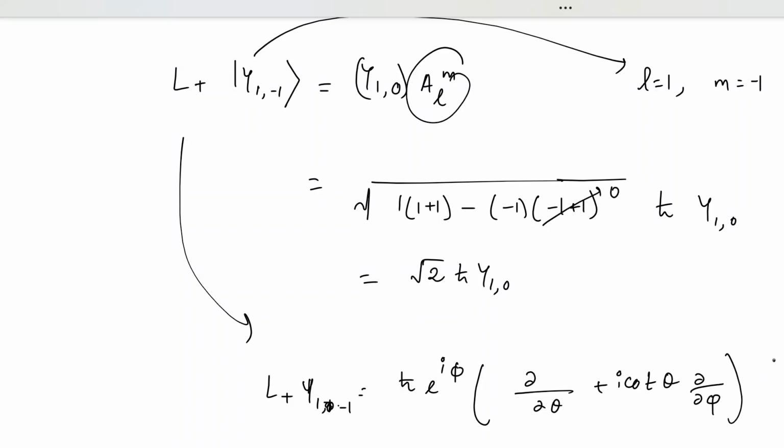del phi. Now the expression of Y1 minus 1 is given in the question. So this is root over 3 by 8 pi e to the power of minus I phi sin theta.